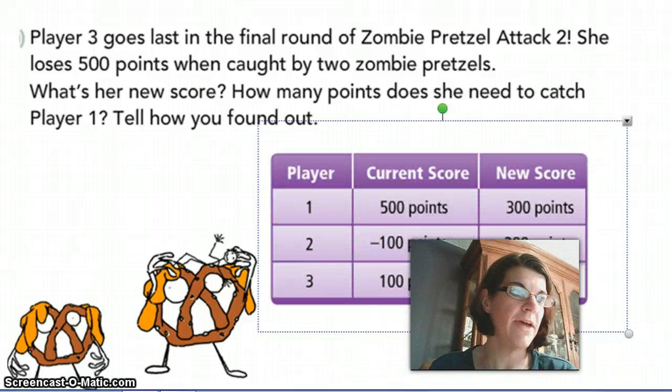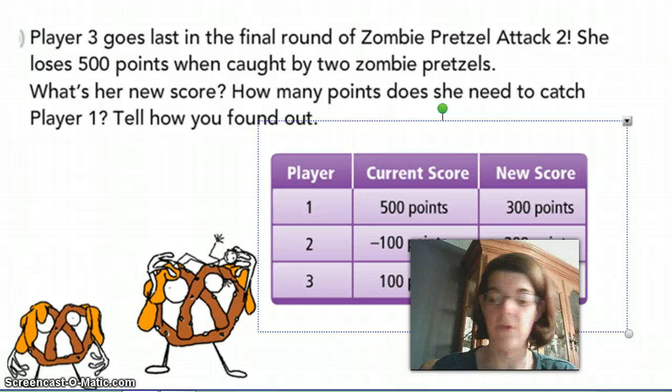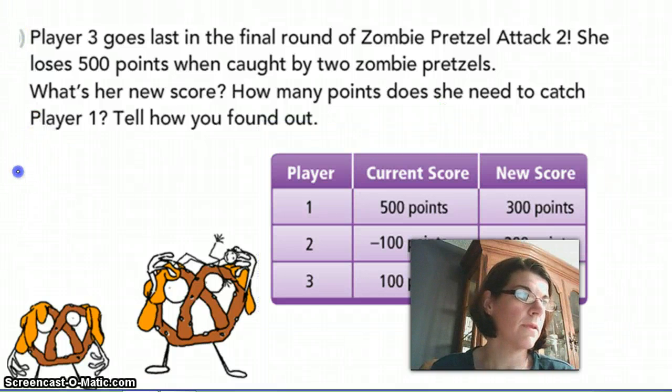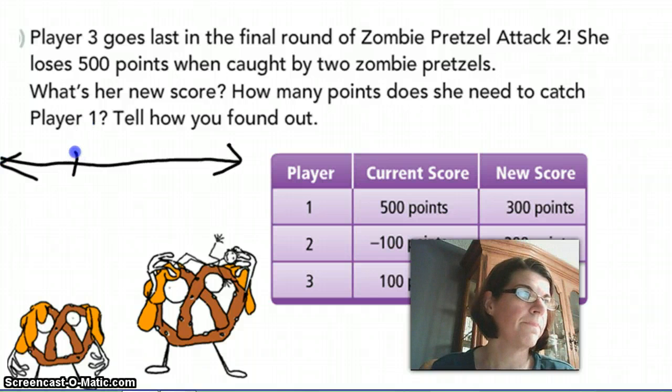Okay, so we have 100 points and player 3 is going to lose 500 points. So if we go back to our number line, here's 0, we have 100 points.